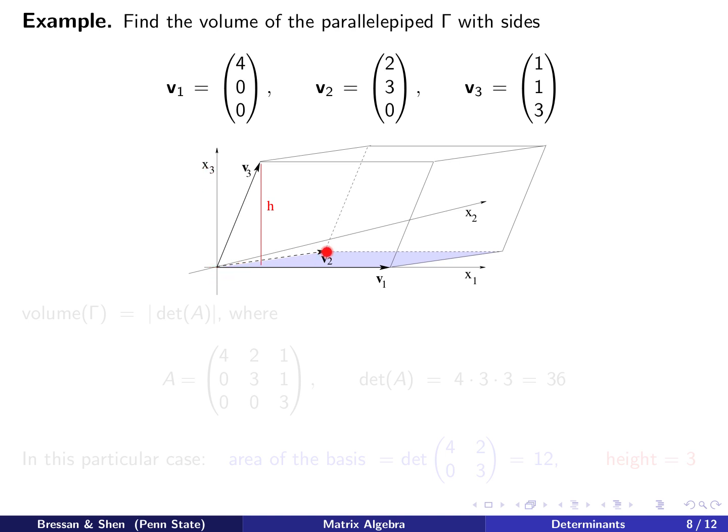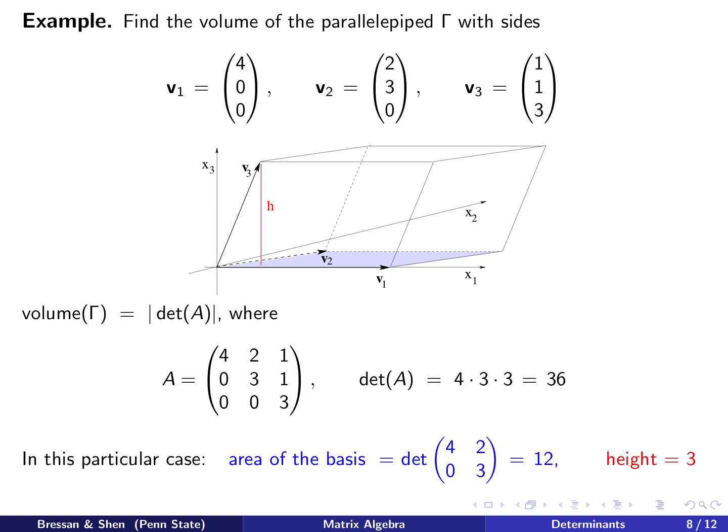And v3 is 1, 1, 3, so you have 1 unit in the x1 direction, 1 unit in the x2, and 3 units in the x3, so it's here. Now we can check the orientation with the right-hand rule. If you have your thumb in this direction and your index finger there, then the middle finger is pointing in the direction of v3. So we expect the determinant to be positive.